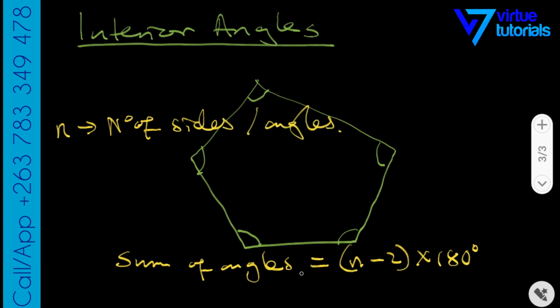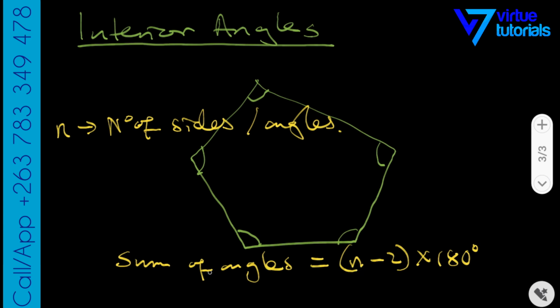So for a triangle, n is 3. For a quadrilateral, n is 4. For a pentagon, n is 5. For a hexagon, n is 6. For a heptagon, n is 7. For an octagon, n is 8, and so on. N represents the number of sides.